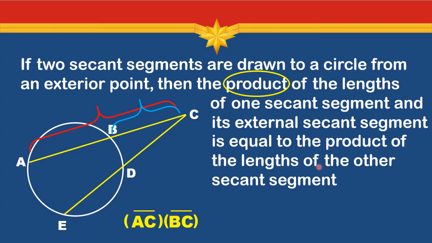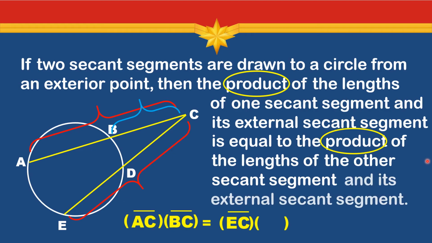is equal to the product of the length of the other secant segment. So we have equals. We will be getting the other secant segment and multiply it with, ayan, so segment EC, multiply it with its external secant segment. So we will be getting the external secant segment of this secant, which is segment DC.